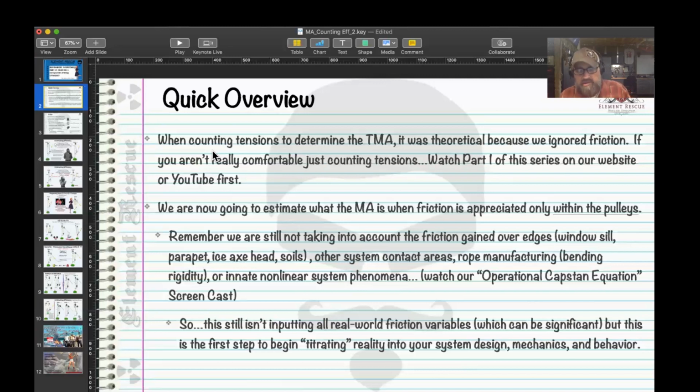The Capstan equation screencast that we did goes into a little bit of that, so you can get a better idea. So this is still inputting real world friction variables, which can be very significant and not always that obvious, but this is the first step to begin titrating reality into your system design, mechanics, and understanding the behavior of your mechanical advantage system.